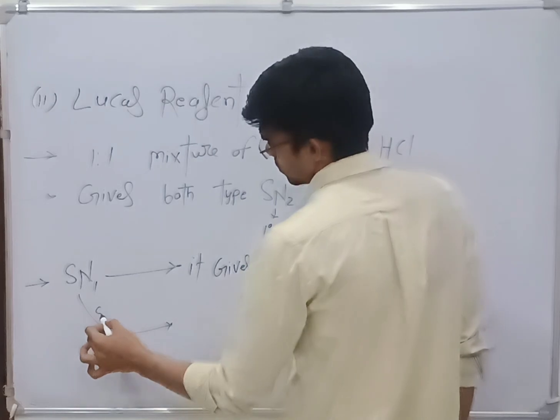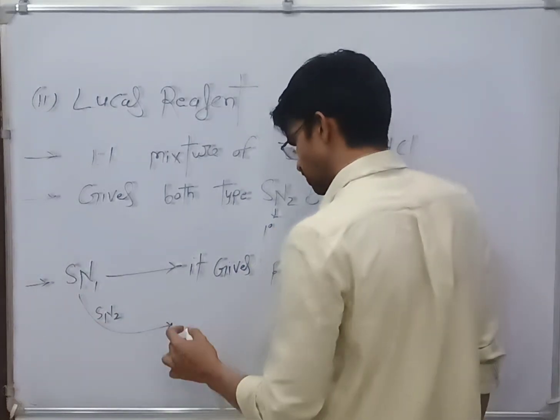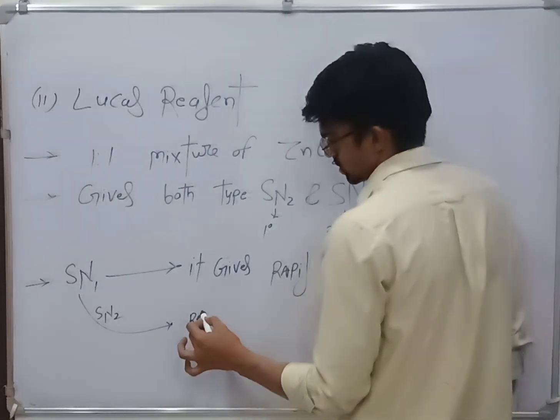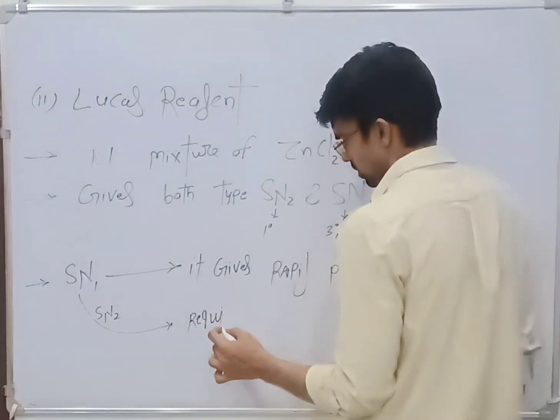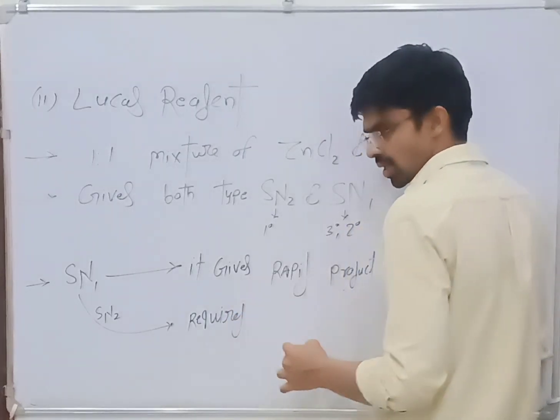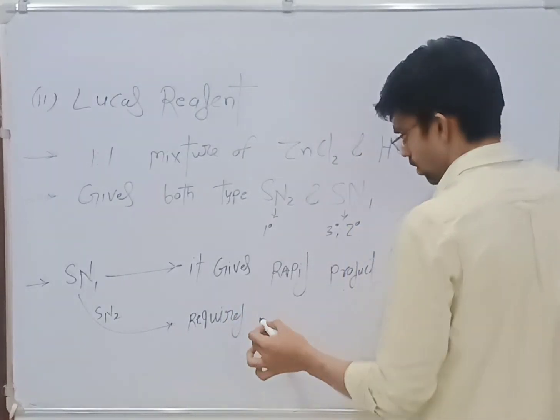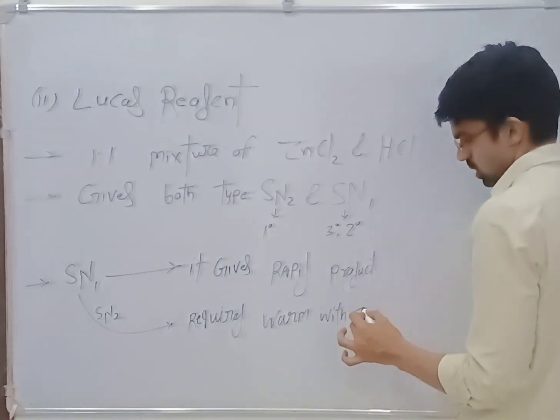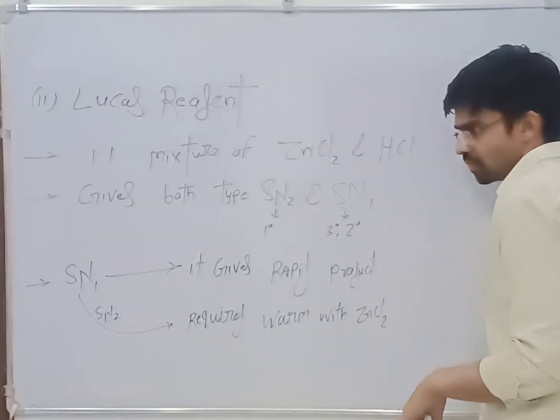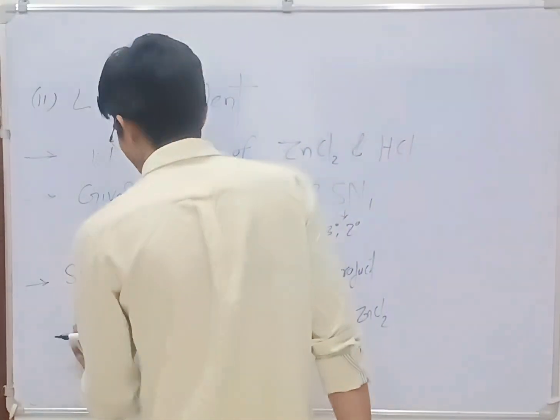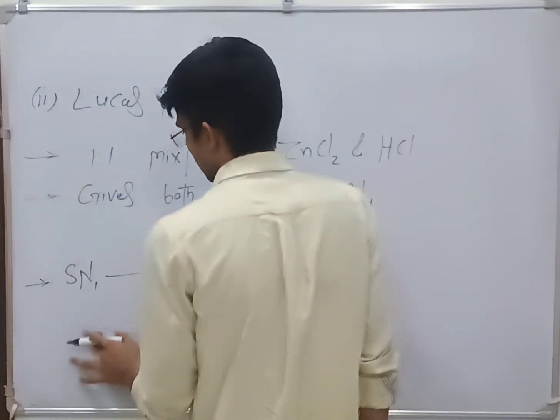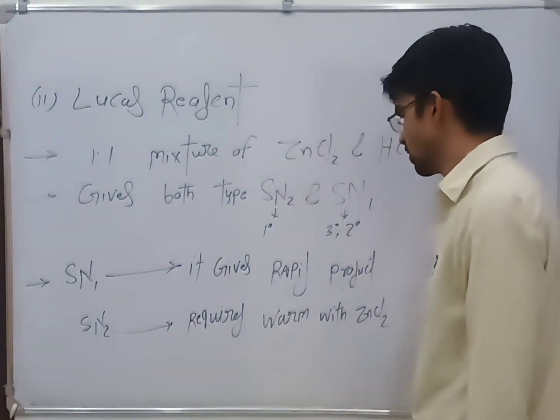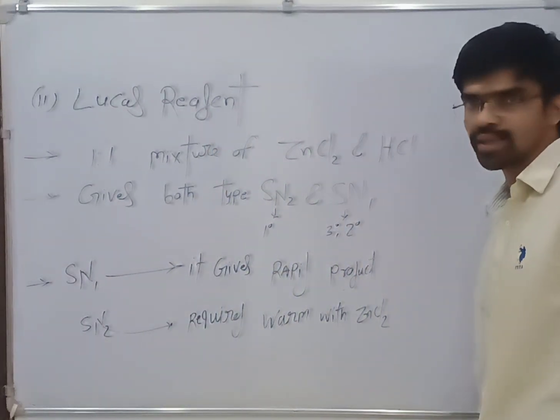In SN2 mechanism it gives a slow product, and it requires warming with ZnCl2. Okay, so SN1 mechanism gives product immediately or rapidly, but in the case of SN2 reaction we have to warm the reactant with ZnCl2 to get the product.